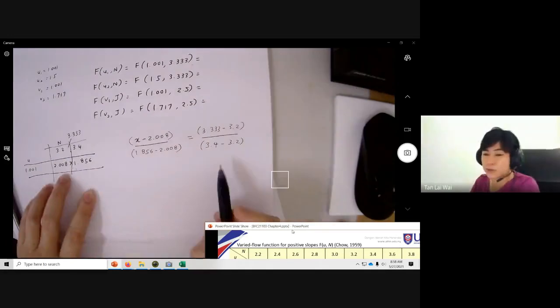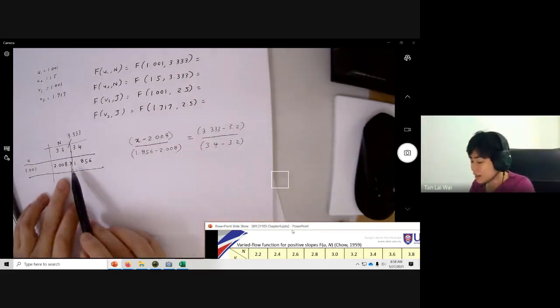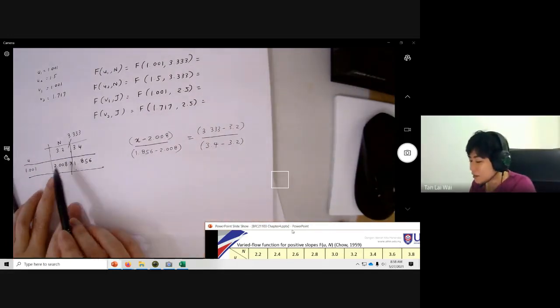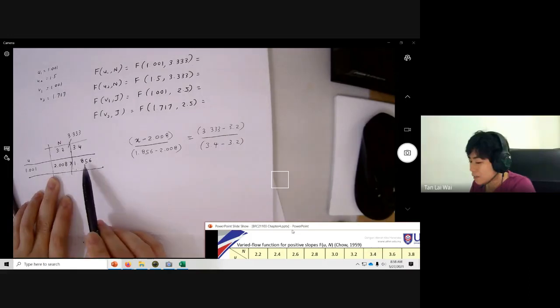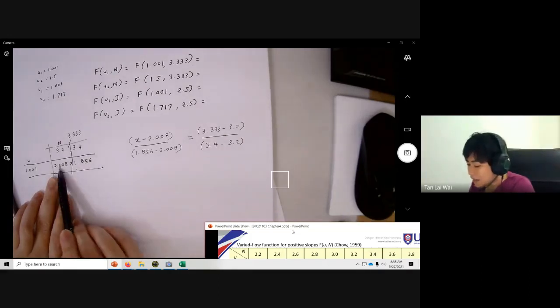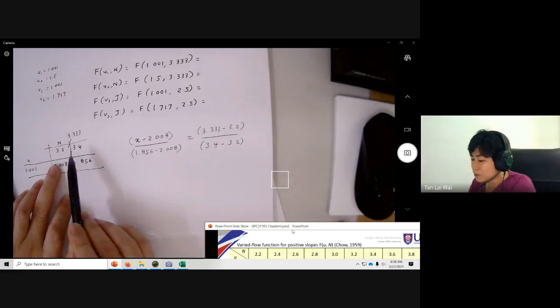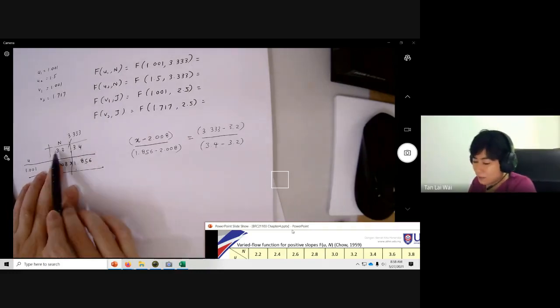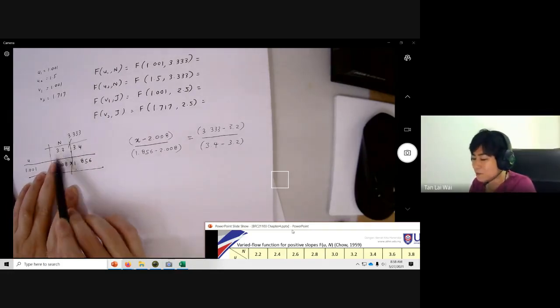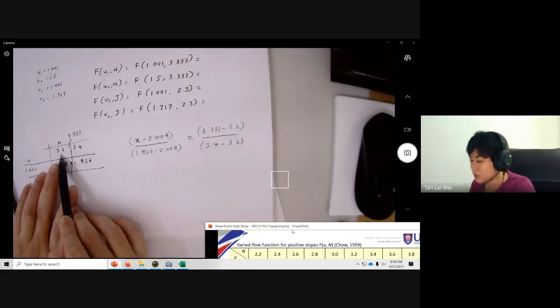This is how you do interpolation. You want to get x, so x minus 2.008 divided by this value minus this value equals 3.333 minus 3.2 divided by 3.4 minus 3.2.